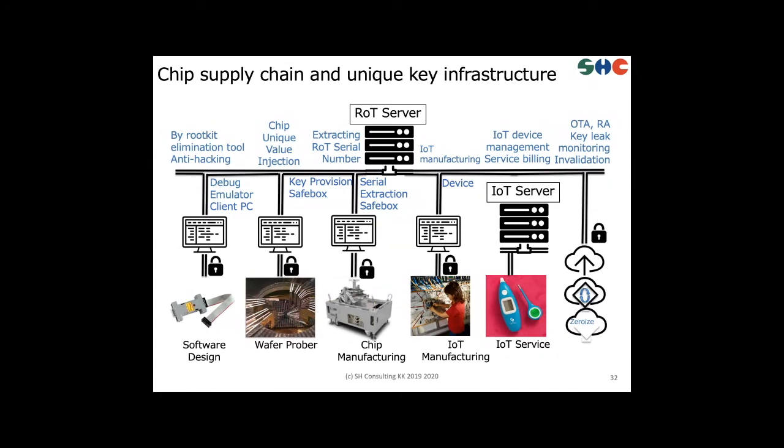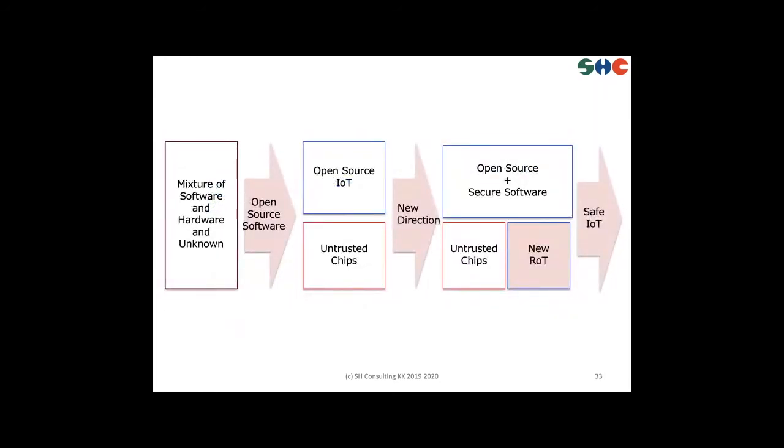To protect against it, we have a digital way of doing this. One area we are thinking about is a new root of trust that has to detect untrusted chips, whether they are real or not real. That's the next direction of technology we are looking at.